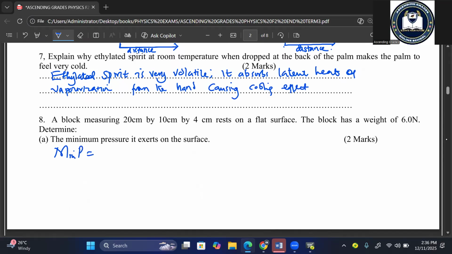will be given by force over maximum area. So maximum area in this case will be given by 20 times 10, and this you get 200 square centimeters.